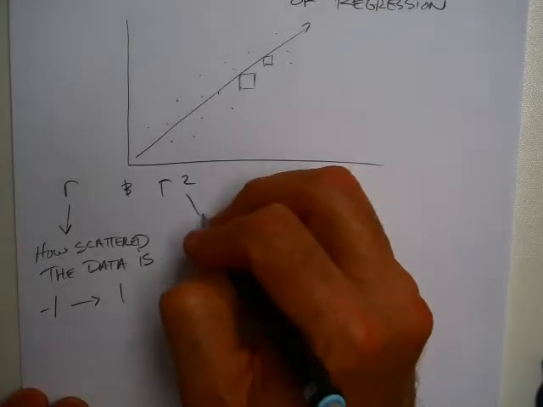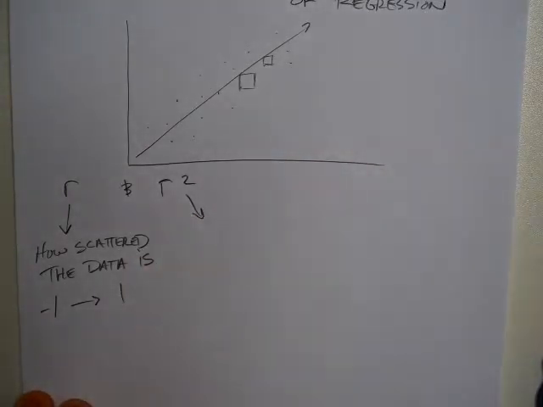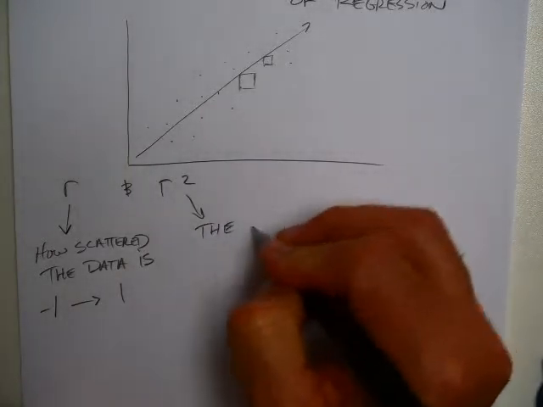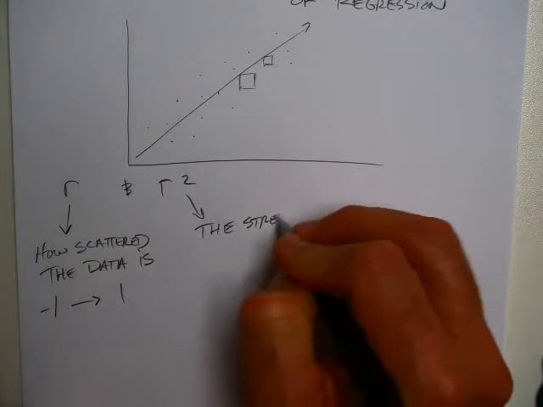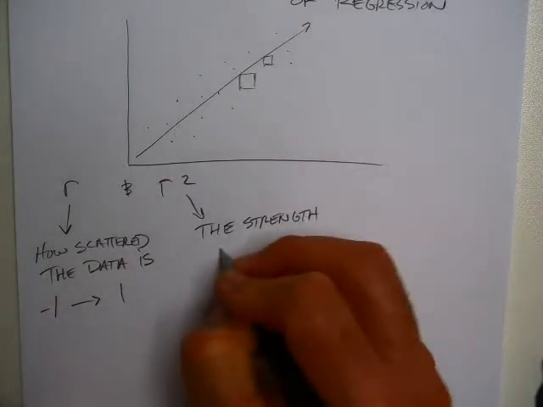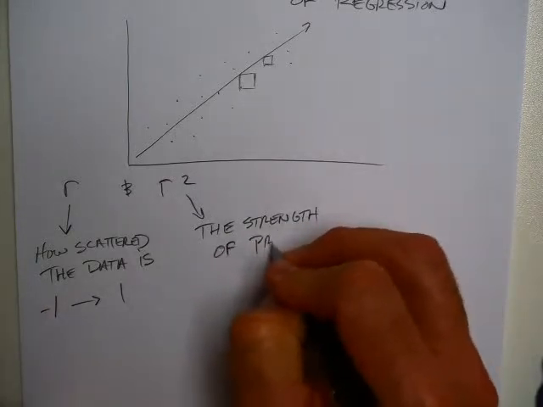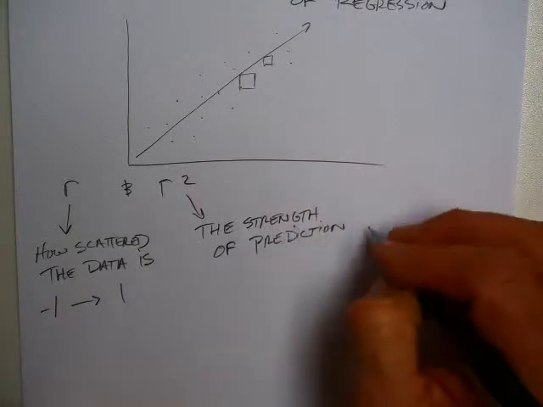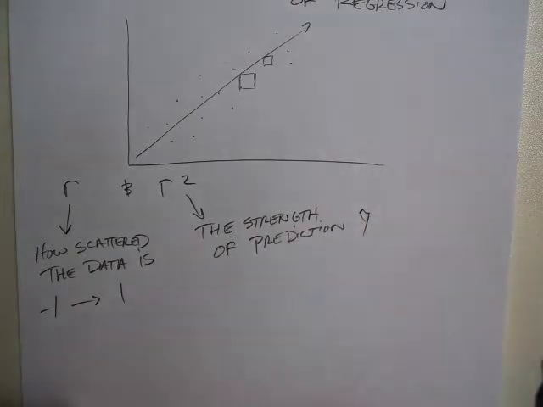What's the r squared then? Anybody remember what r squared is and how it's different than r? Strength of your prediction, right? Exactly. It's the strength of prediction. In fact, I'm going to use exactly those words. The prediction is going to be your y hat value.